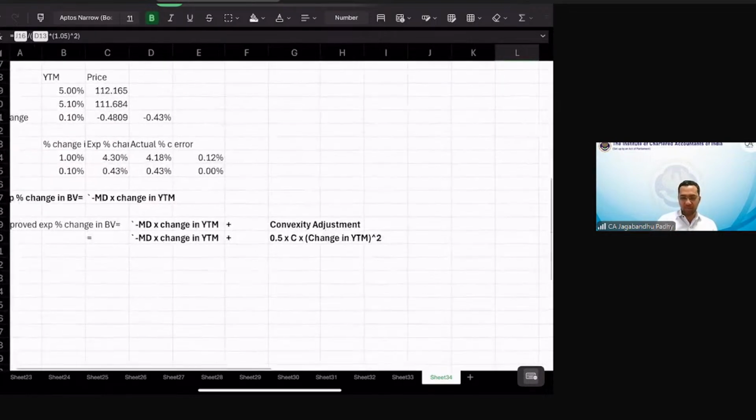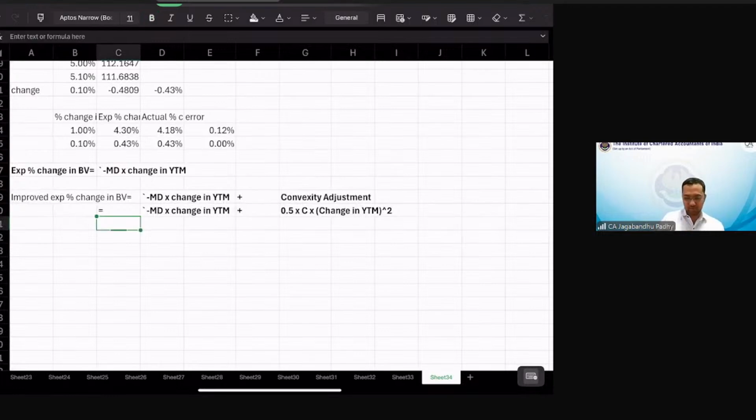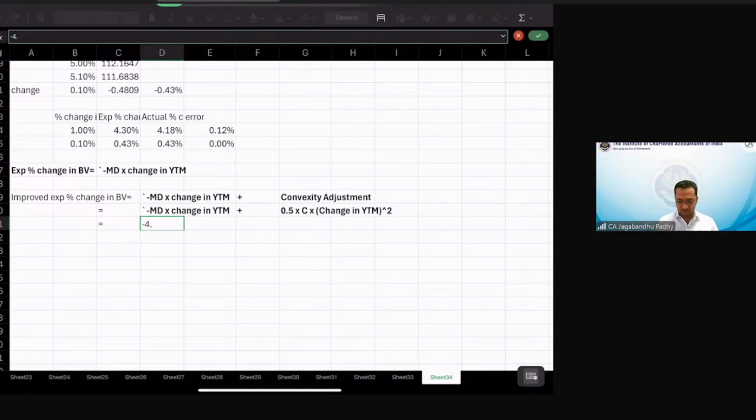Now let me just make this equation complete. What was our modified duration, guys? The modified duration was 4.30. Right? So modified duration was basically minus 4.30. So we say the change that we are expecting was minus 4.30 multiplied by change in YTM. So let's say change in YTM.